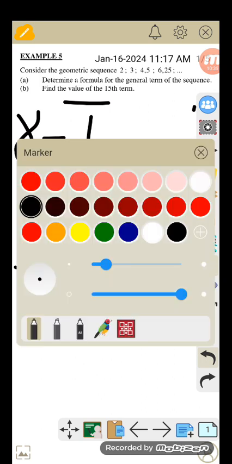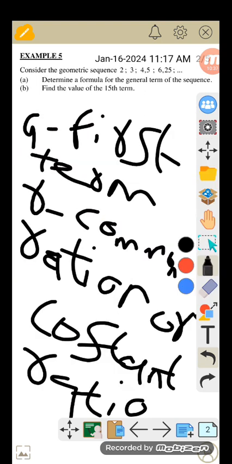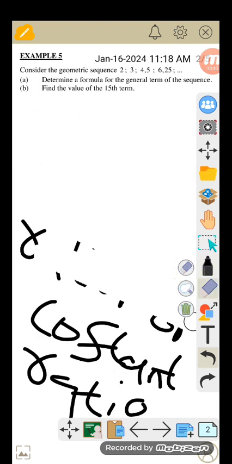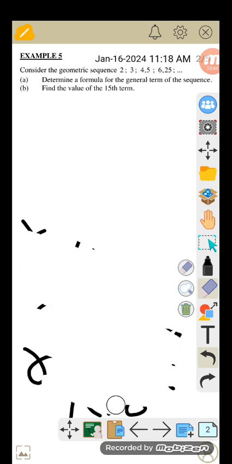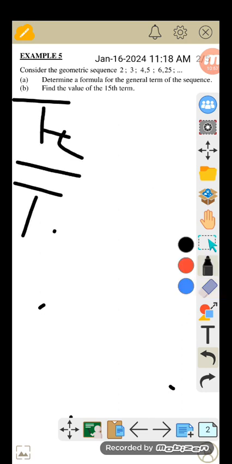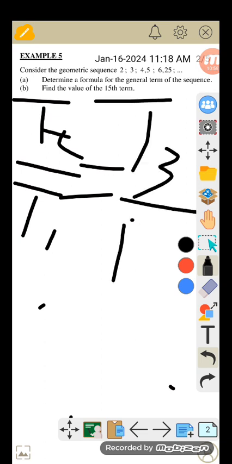And there's something that I forgot to tell you about. T2 over T1 is also equal to T3 over T2.